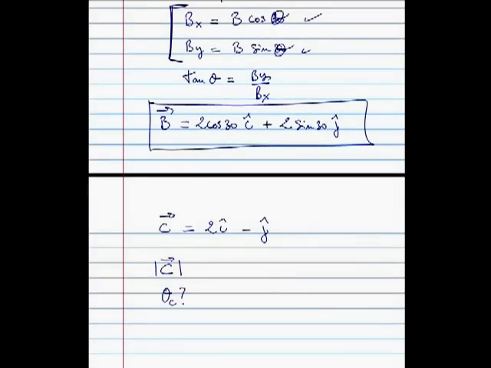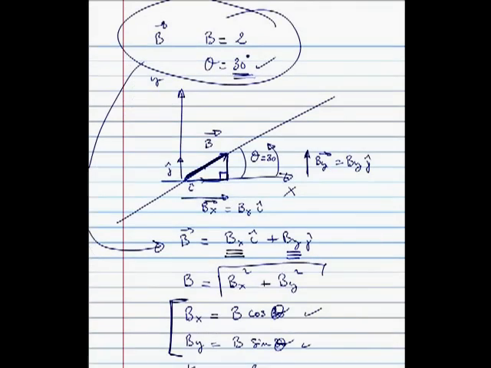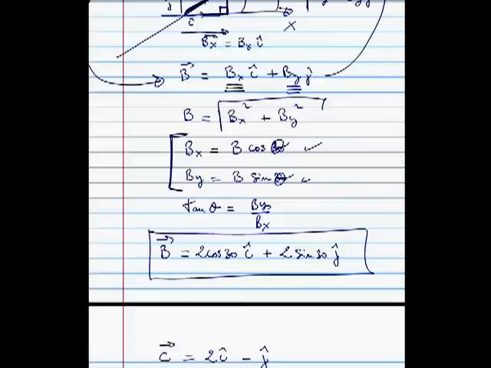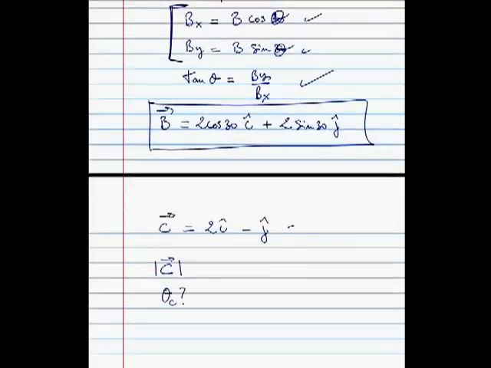So really we want to go the other way around now. All we have to do is use the two other relationships. This refers to Cx, so Cx is equal to 2, Cy in this case is equal to -1.